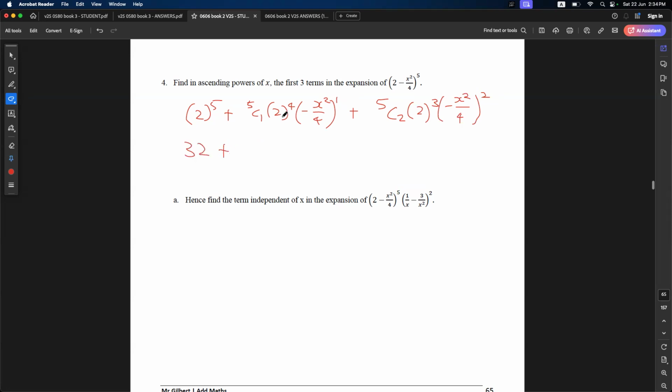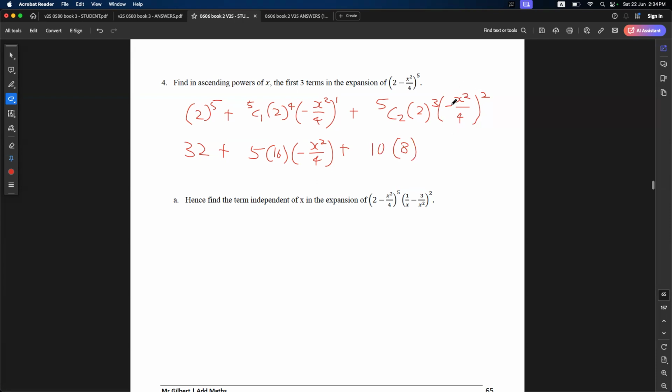Thirty-two plus 5 times 16, that's 80, times negative x squared over 4, plus, how much is 5c2 again? 5c2 is 10, times 8.